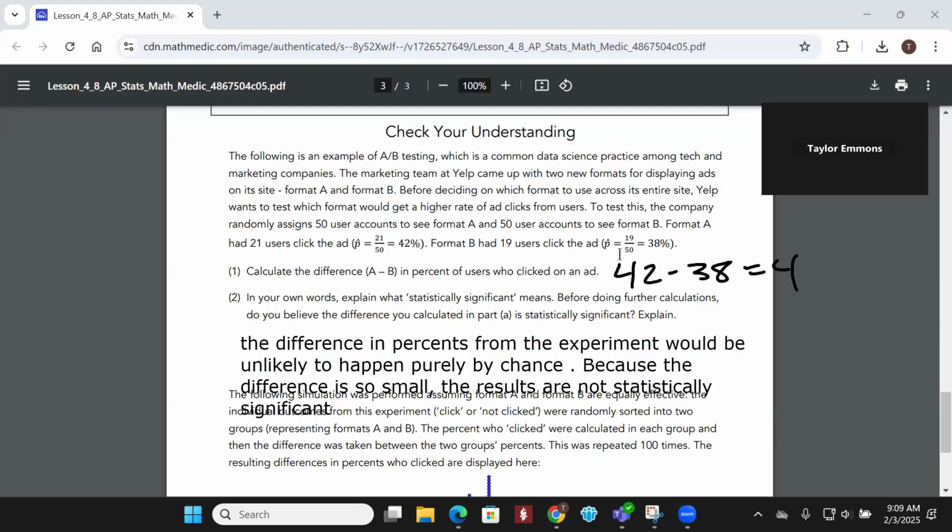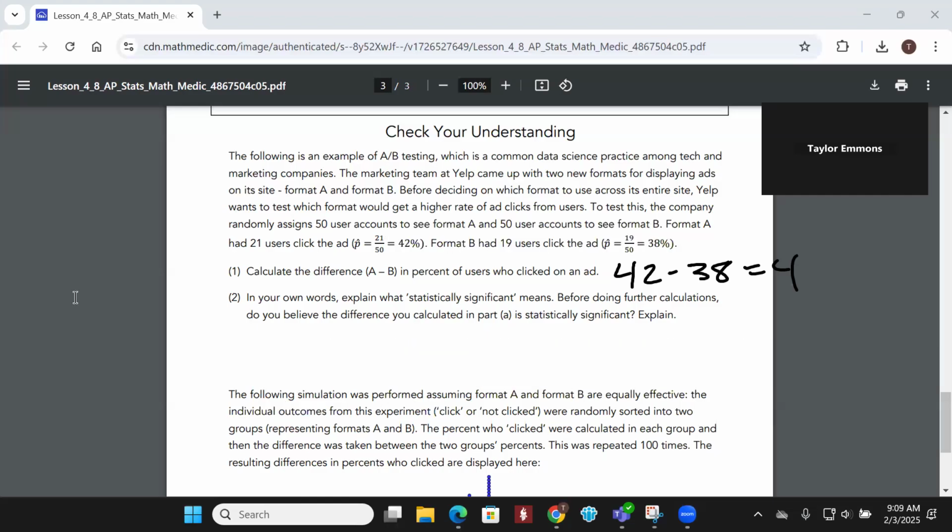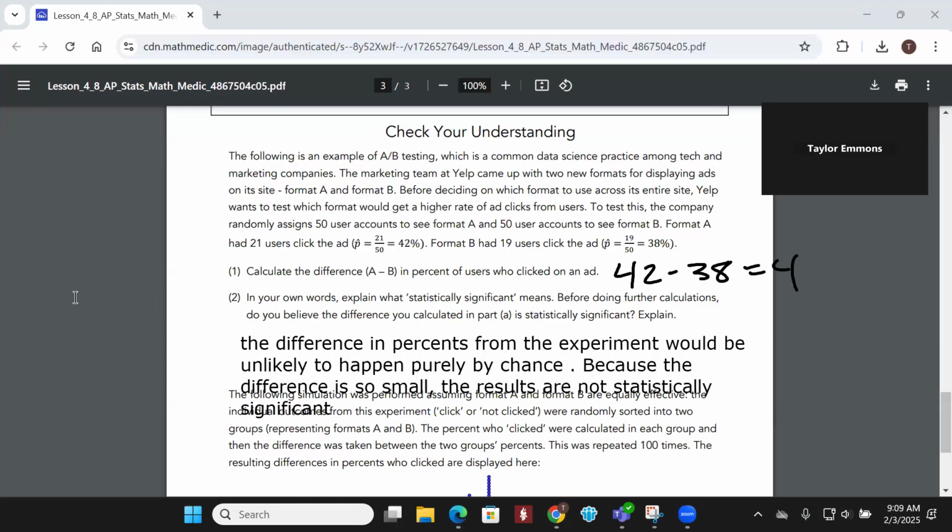We did 50 over here. We did 50 over here. Is there going to be that big of a difference when we're sampling 50? Probably not, right? Look at the difference in how many people there are. That's 21 versus 19, yeah? So are these statistically significant results? No, even though it's less than 5%. Okay, it gets a little tricky right here, so stay with me.